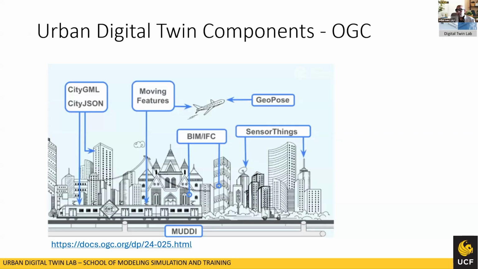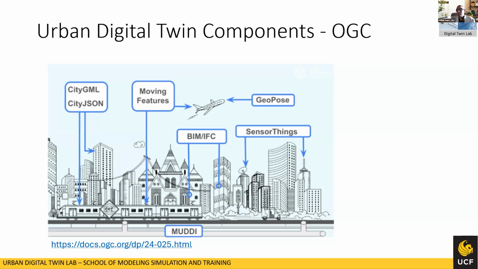Another dimension that I want to set the scene with is the urban digital twin components or standards developed by the Open Geospatial Consortium. We are also a member of this consortium, and we highly support it for different aspects.